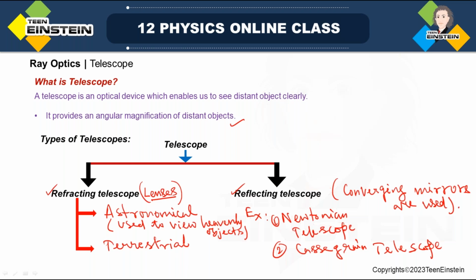In case of astronomical telescopes, the image formed is real and inverted, but that doesn't matter because most of the heavenly objects are of round shape, right?